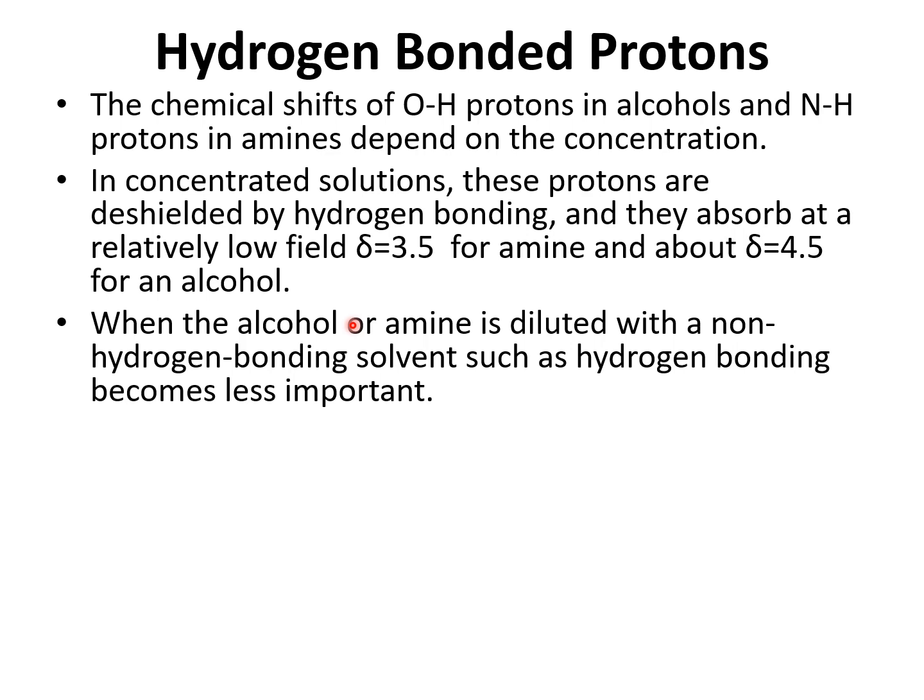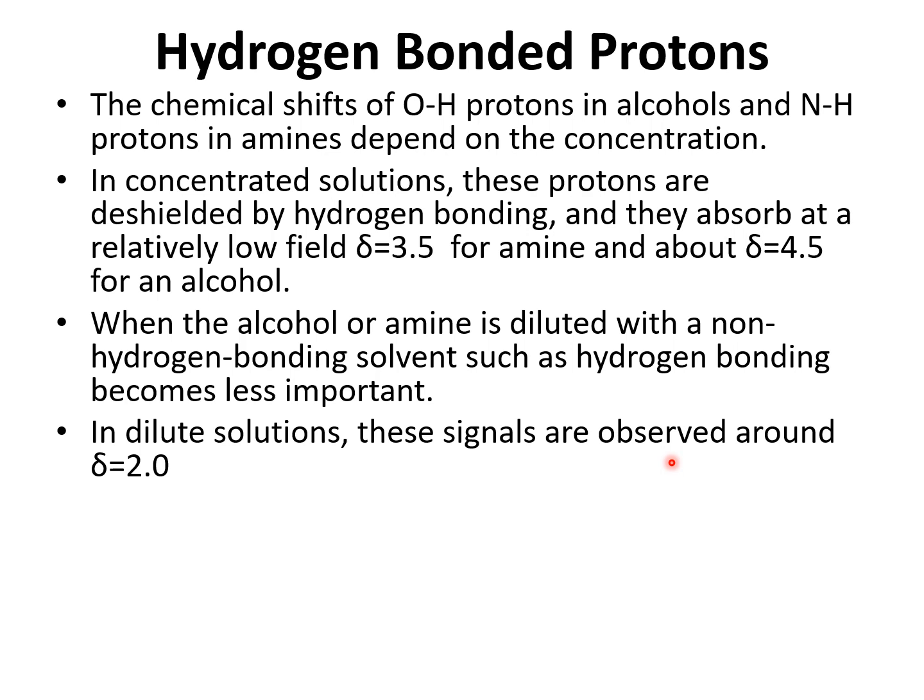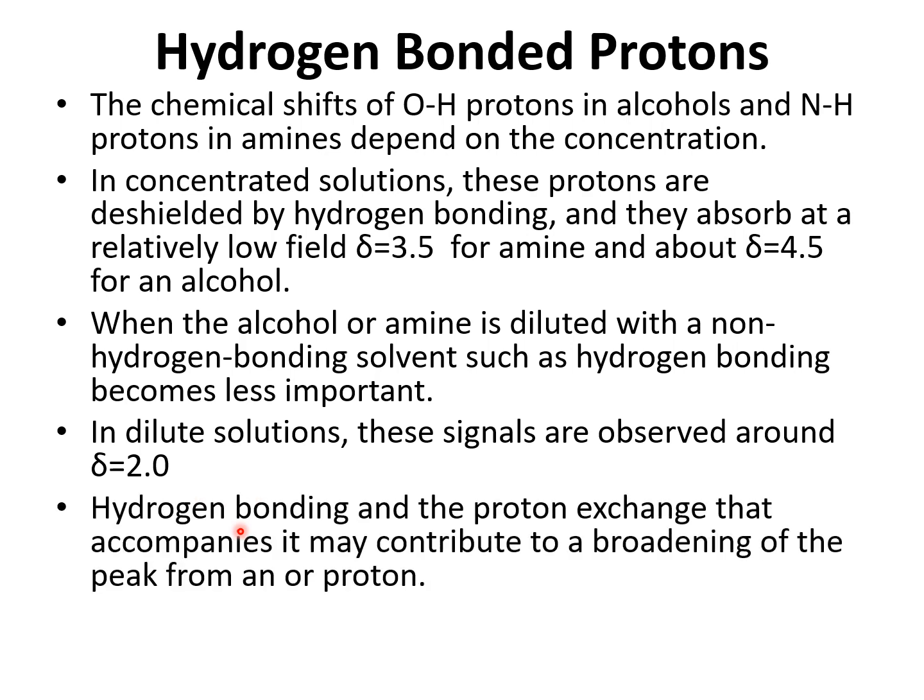If alcohol or amine is diluted with some non-hydrogen bonding solvent, then in that case hydrogen bonding doesn't play any important role, and in dilute solution their value is observed around delta 2, which is lesser as compared with hydrogen bonded molecule. So hydrogen bonding and proton exchange that accompanies may contribute to broadening of the peak in case of these protons.